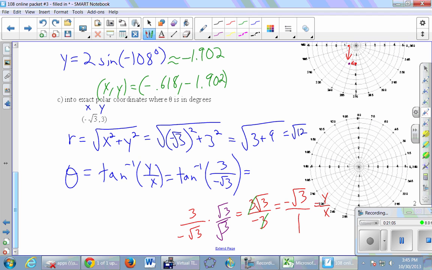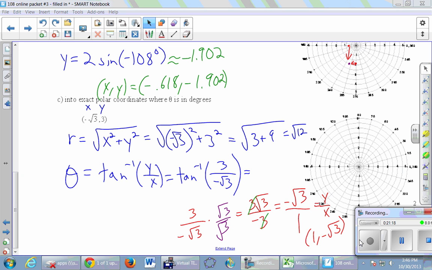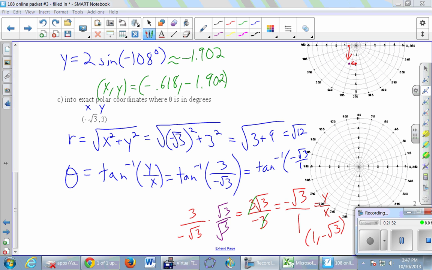So look at your unit circle and see if you can find an x and y coordinate where the point is 1 and negative root 3. Okay, so hopefully we found this point on the unit circle, and that point happens at 300 degrees. So this problem was really asking for inverse tan of, what did we say, negative root 3 over 1, which is on the unit circle at 300 degrees.